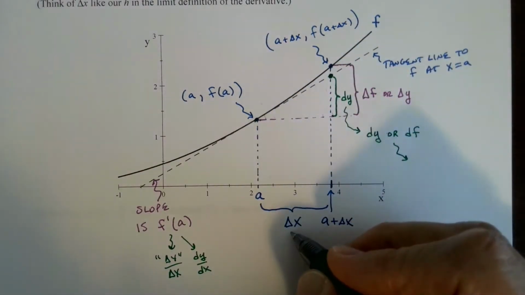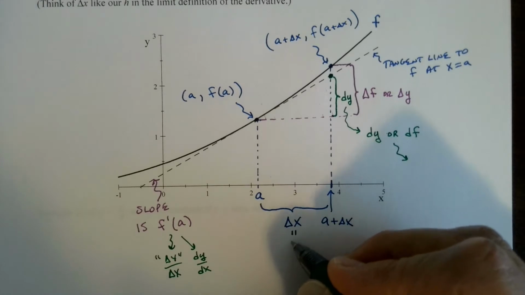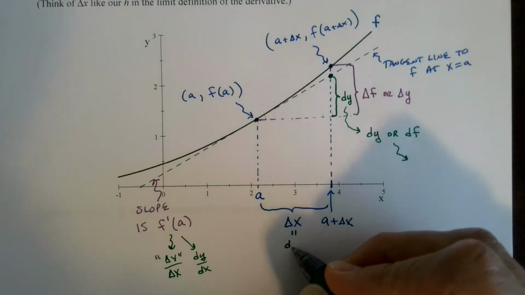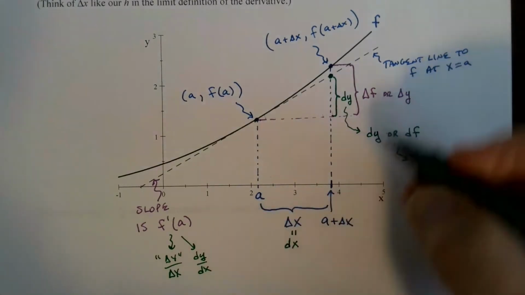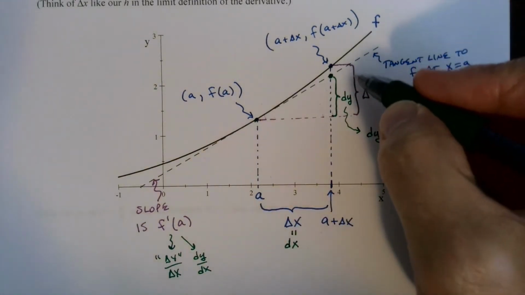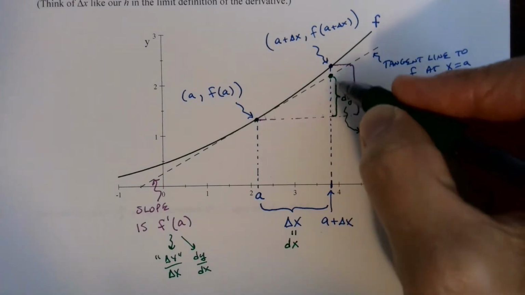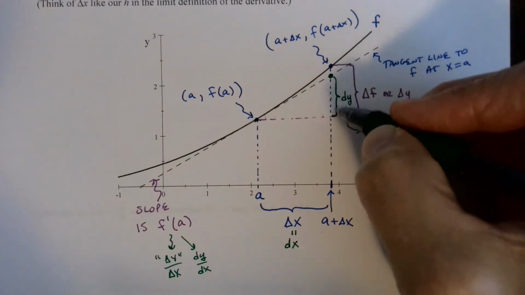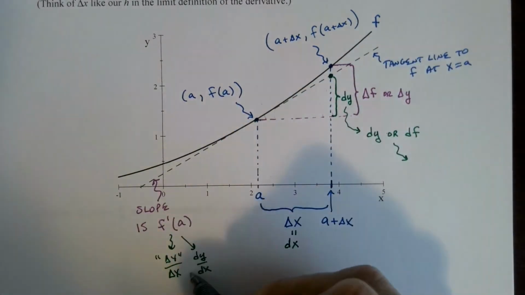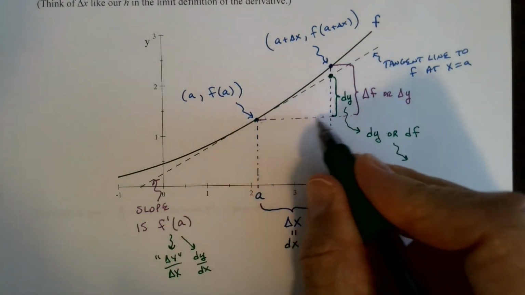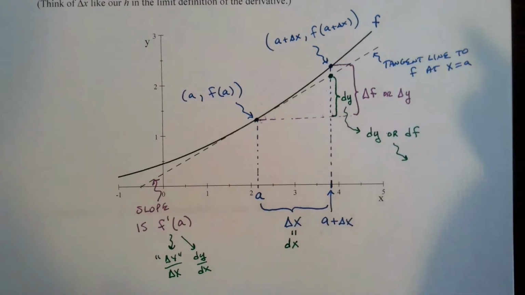I'm going to let this be equal to this dx. So my delta x and my dx are going to be the same, but obviously my delta y or delta f and my dy or df are not the same. How do I find this dy? Well, I simply multiply the slope by the change in x, delta x or dx, either way.